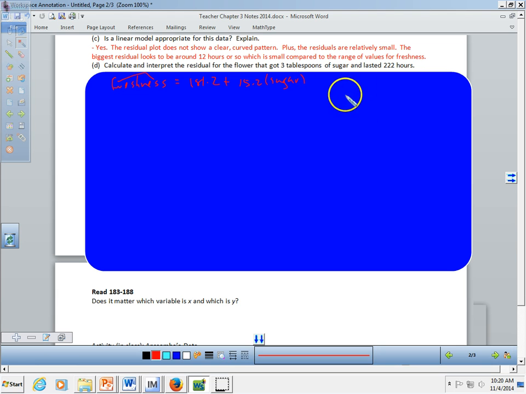Okay? And then we have to remember that a residual is simply the actual minus the predicted. So right now we know the actual is 222. I need to know the predicted.